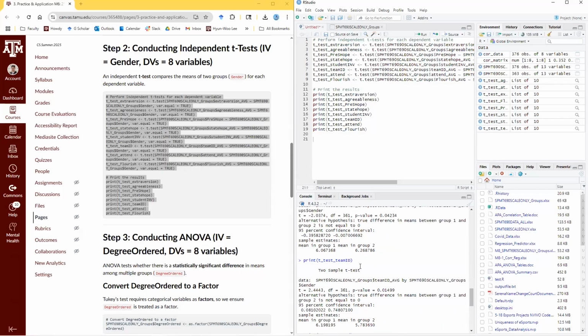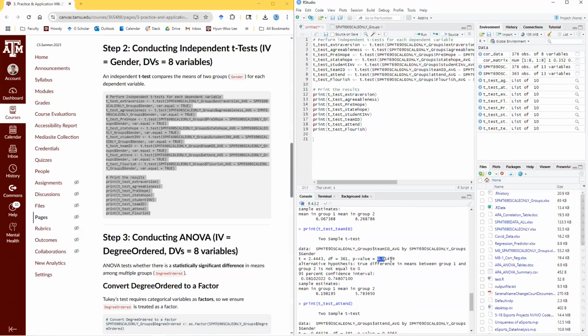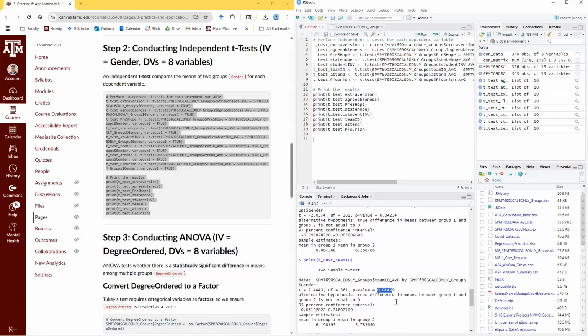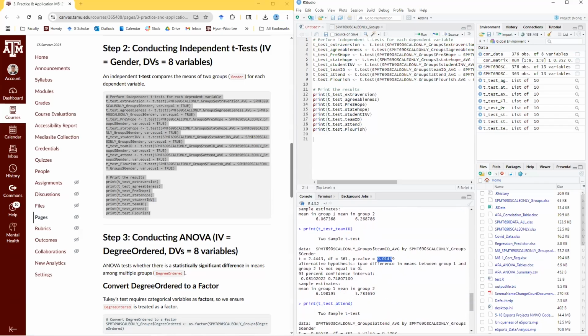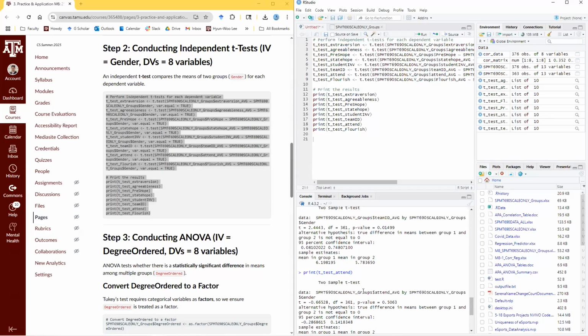What about team ID? This had an even smaller p-value, so we're more confident. We have a stronger effect size of confidence that there is a group difference. And when we look at the mean, it looks like this time male had a higher team identification with the football team than the females.